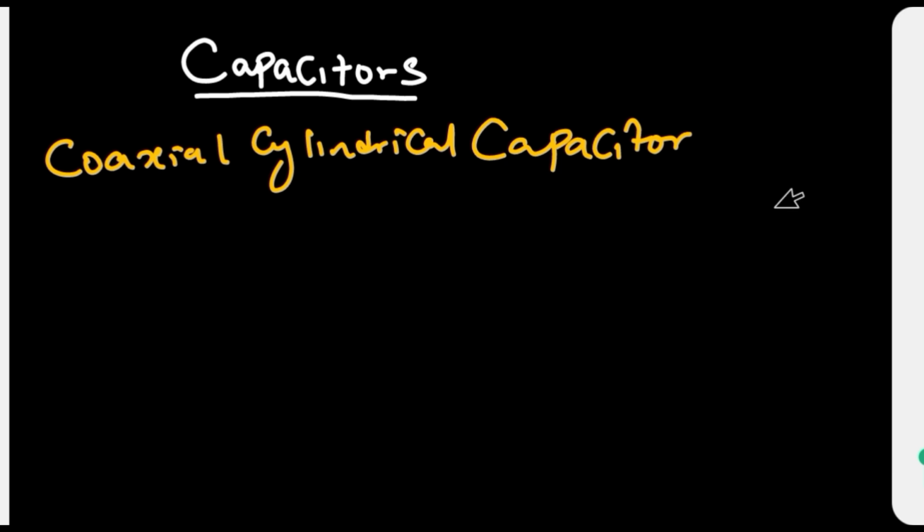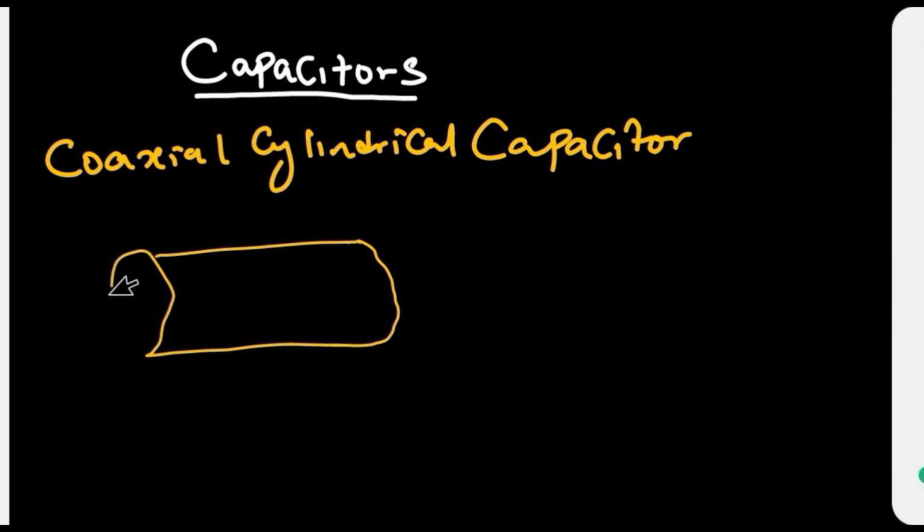So this capacitor, like I said, is very common in industries. It's like a cylinder that's round, but inside the cylinder we have the internal and external diameter. This internal diameter is where the dielectric is. We fill this internal diameter with dielectric.